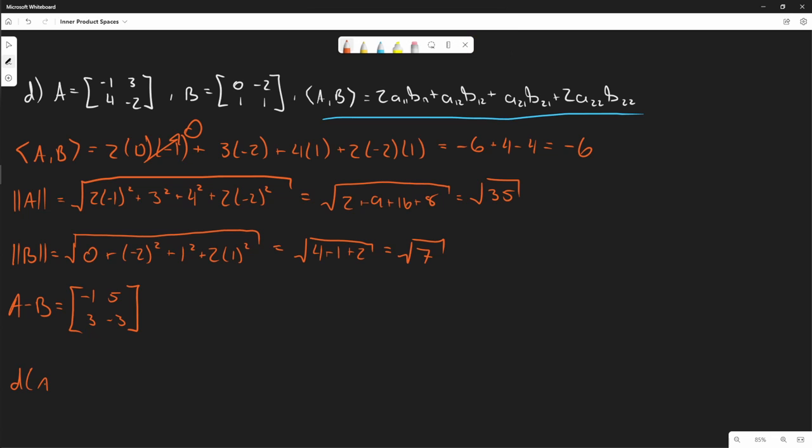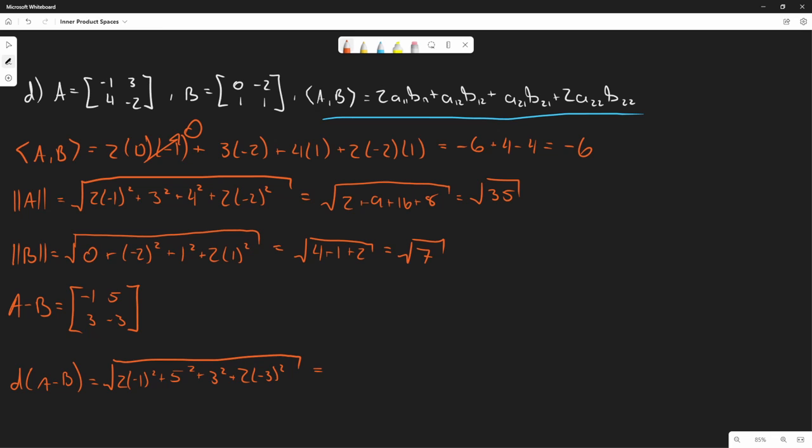And so now the distance between matrices A and B, that is equal to the square root of 2 times negative 1 squared plus 5 squared plus 3 squared plus 2 times negative 3 squared.